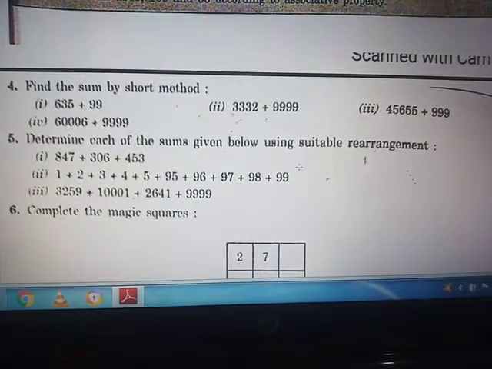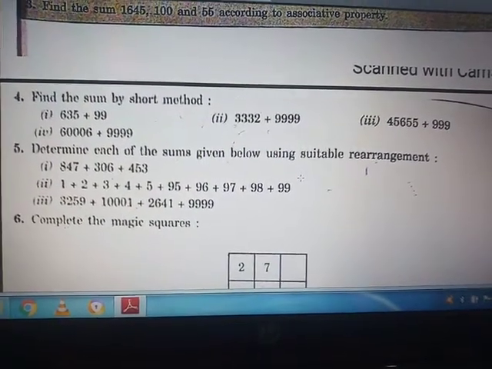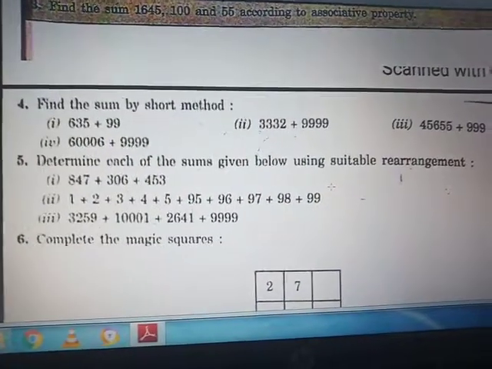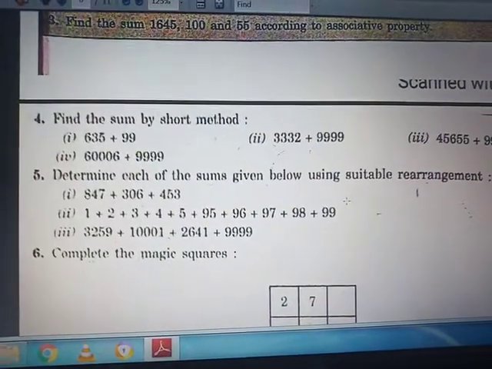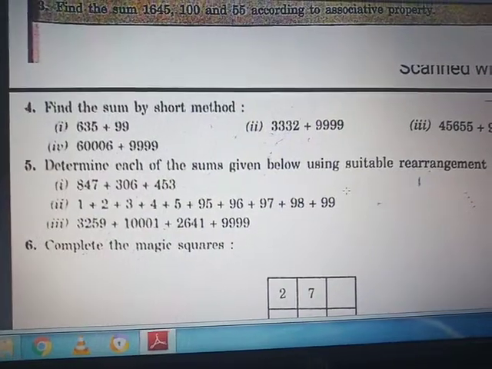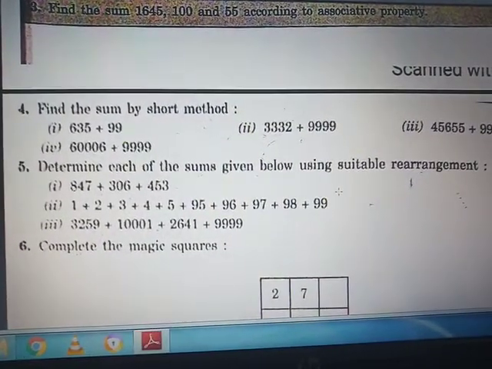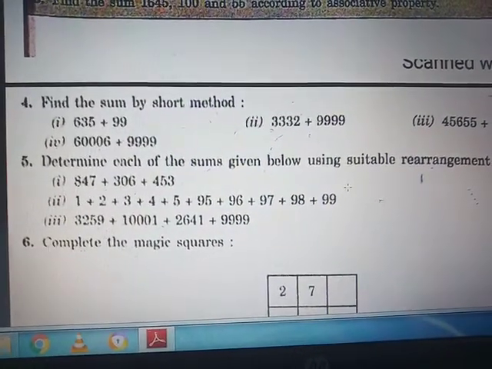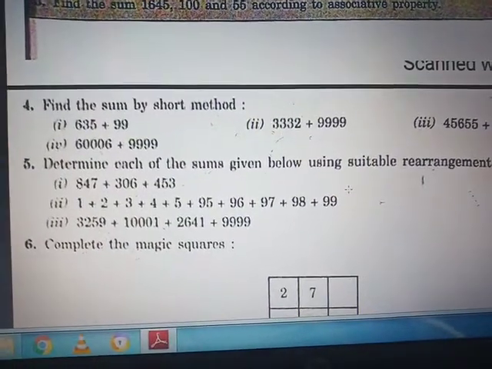Now we will start question number 5, that is determine each of the sums given below using suitable rearrangement. Basically in this question you have to add, but adding in a simple way doesn't serve the question, because it says you have to arrange them first in a simpler form, then add.